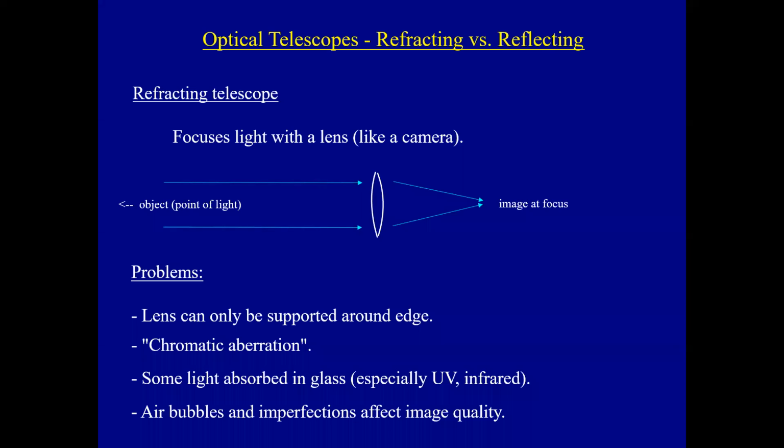Then the problem is that the size of the lens is going to be limited. It's going to be glass, and glass is heavy. So the maximum lens that can be manufactured is going to be limited by the tensile strength of the glass, right? By design, glass lenses are restricted to a certain size, right?